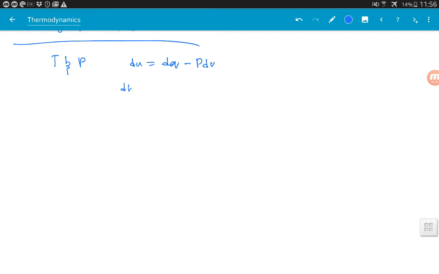The change of enthalpy is defined by the change of internal energy plus the change of PV, which gives H equal to U plus PV.